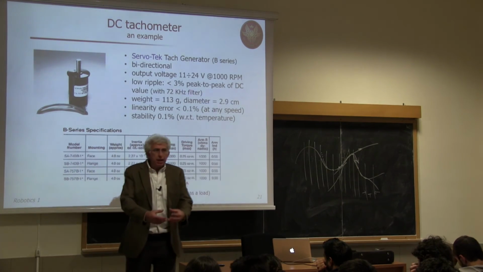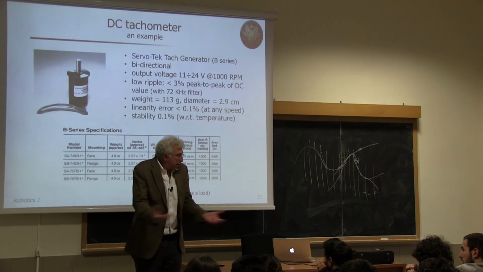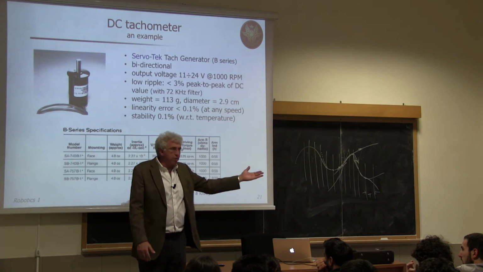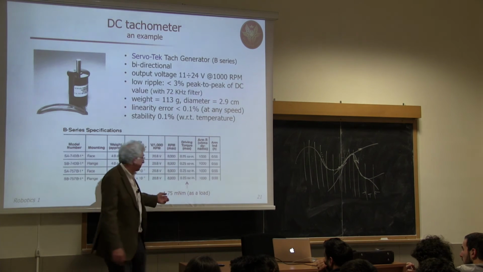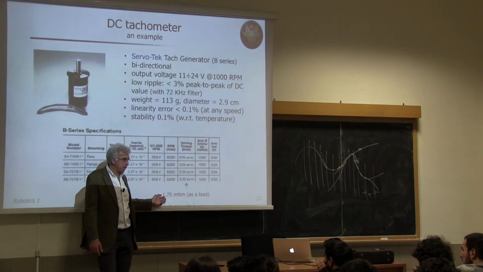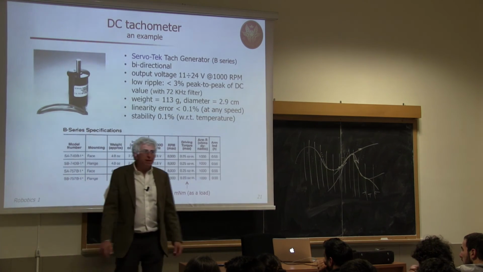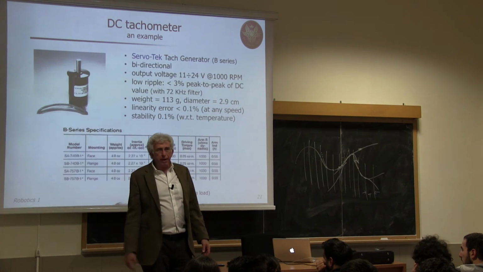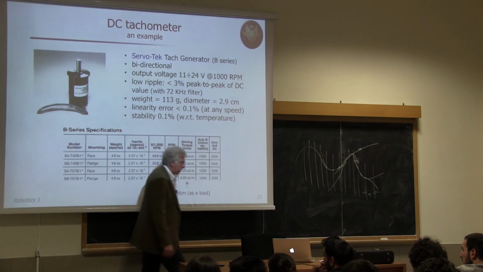This means that if you mount this tachometer on the motor axis, this becomes part of the load. So you cannot only accelerate the useful load, you have to accelerate also the tachometer. But this is minor, it's really minor. Only a very small fraction of the output torque of a motor is spent on having the tachometer itself on the motor axis.